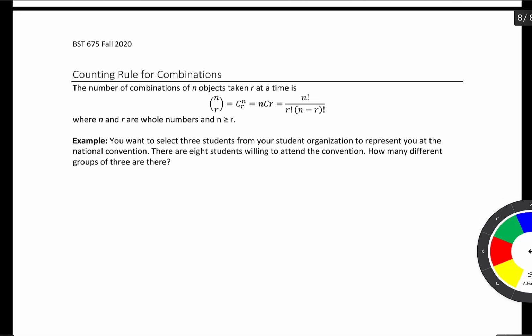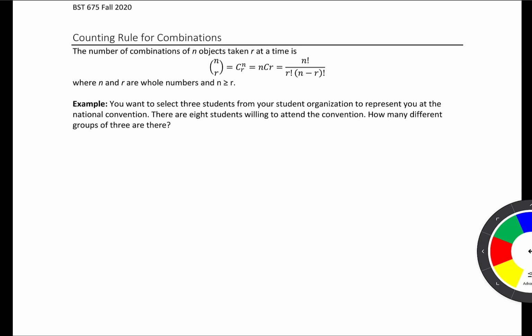All right, we've got one last example here. This is going to be counting for combinations. So the difference between a combination and a permutation is, in this case, order doesn't matter. And this is going to become important later on when we talk about the binomial distribution.